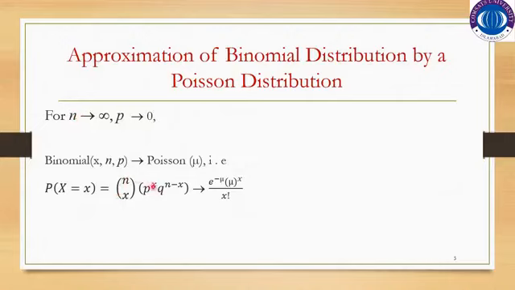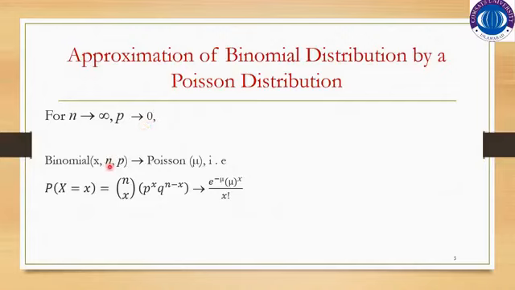So this is the probability mass function of the binomial distribution, and whenever the number of trials in a binomial distribution becomes very large and the probability of success becomes very small, this is written as n approaches infinity and p approaches 0. It means that n becomes very large and p is very, very small.